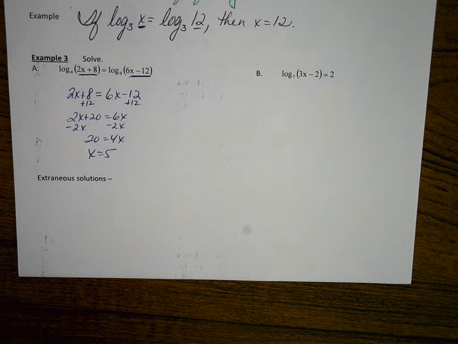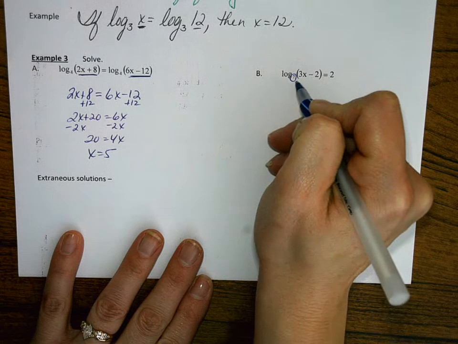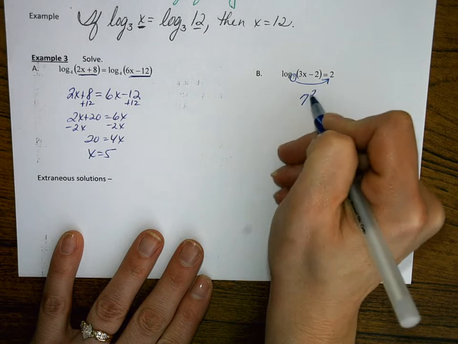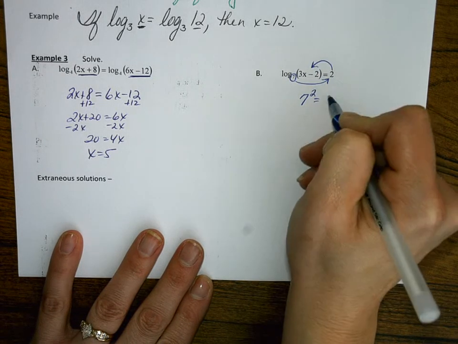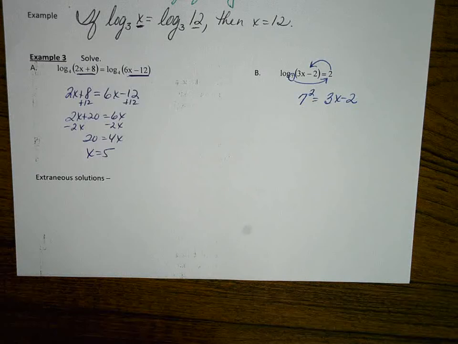How would I rewrite this? All right, my 7 will scoop up the 2, and it's equal to what's inside. What is my exponent? 2, absolutely. Now, when I have a single log, the best way to solve these is to write them with their exponent, to change it over to exponential form.